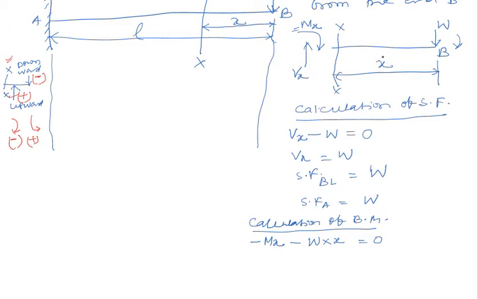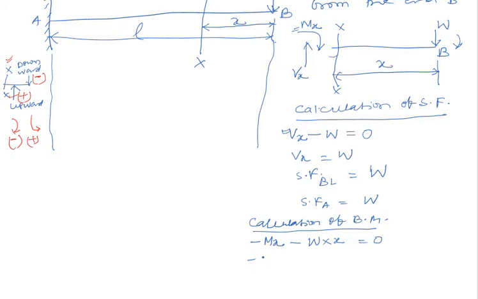Force, that is load, into distance. We are taking the bending moment at section XX. Shear force at section XX, that is Vx minus W is equal to 0. So Vx equal to W, so the shear force Vx at section XX is W, because it is independent of distance.